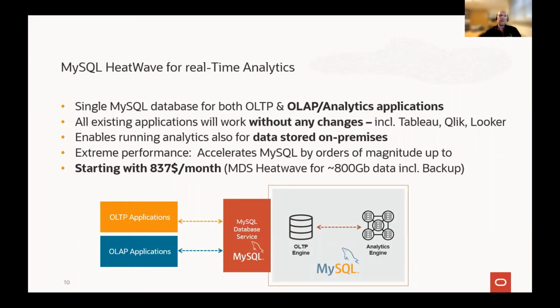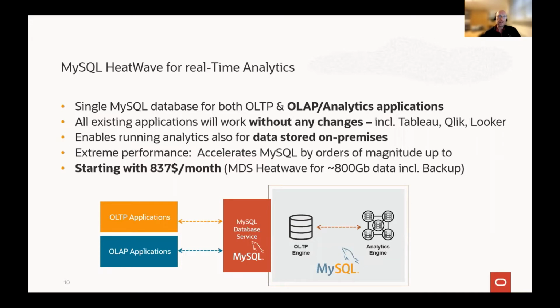So going a bit more into detail about the architecture and what I just said on the last slide. Again, it's a single MySQL database for both OLTP and OLAP analytic-based queries. When you look at this picture, you can see that the OLTP applications and the OLAP applications are basically addressing one single instance, the MySQL leading node instance.